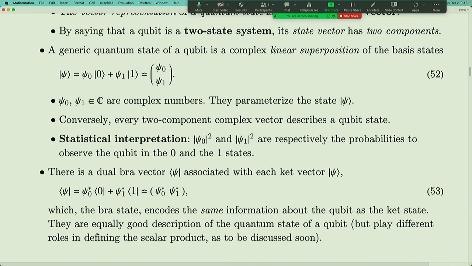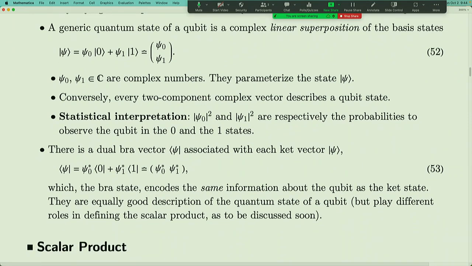They respectively correspond to the probability of observing the qubit in the 0 state and the 1 state. Although I haven't said what the physical meaning directly associated with the complex numbers is, it turns out their absolute value squared has a probability interpretation.